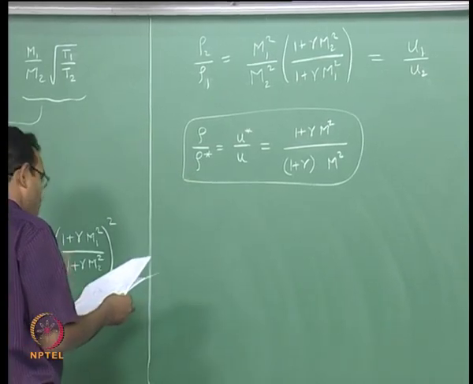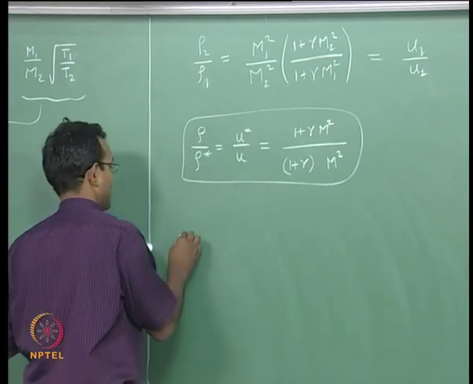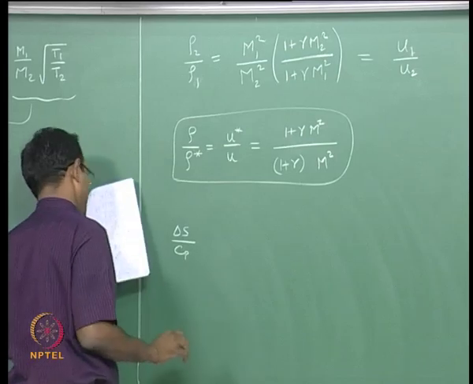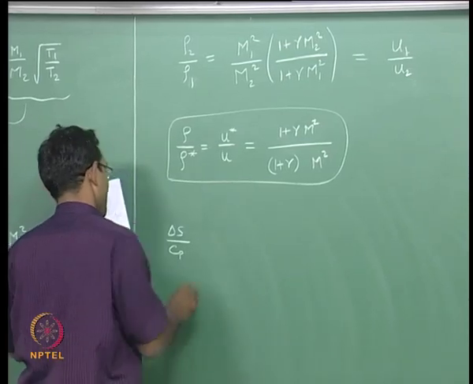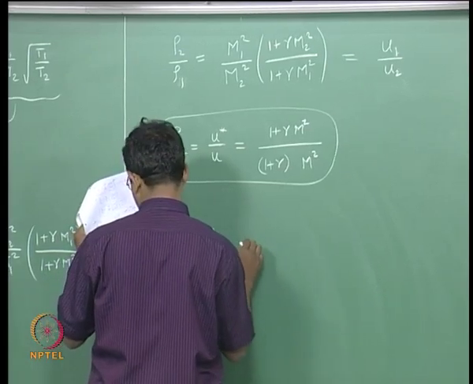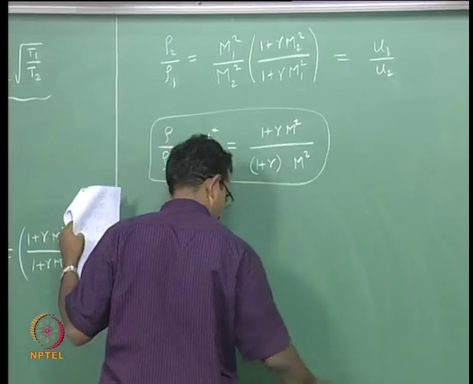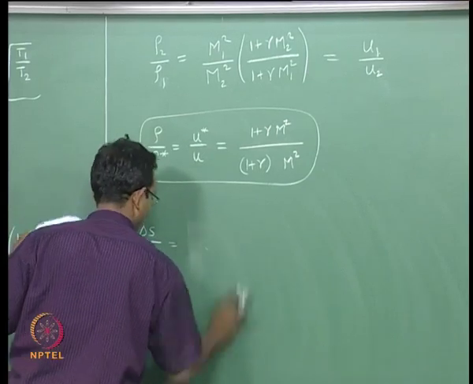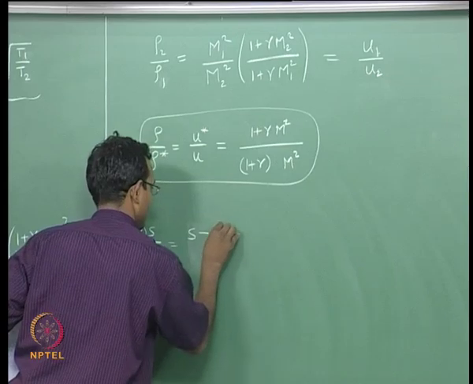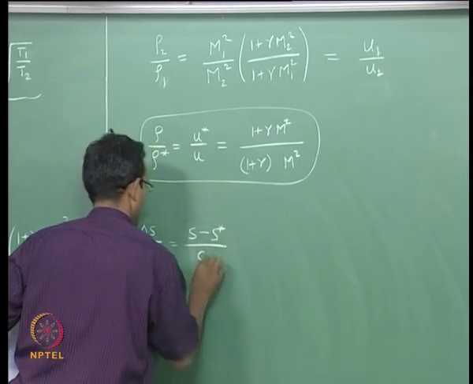Okay. So, the next quantity we want to do is delta S, delta S by Cp. Okay. This is equal to log of, oh, now I have to be a little more careful. I will write this more specifically as S minus S star divided by Cp.